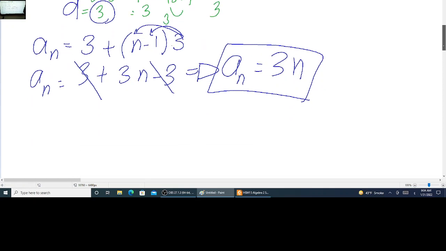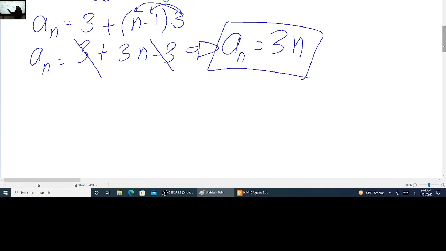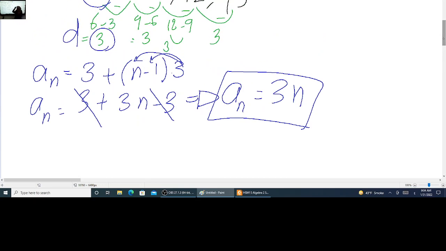If you have a question: find the 10th term of this sequence.